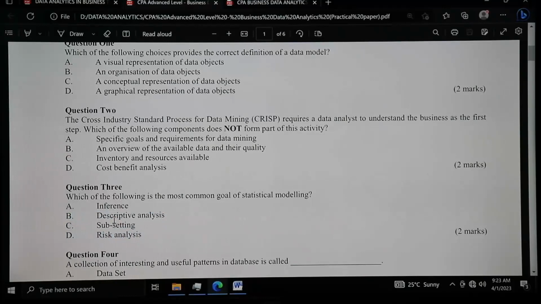That is to understand a business in a more detailed manner, and we say the business will gain this inference in running a statistical model. The biggest goal is to help get a clear perspective of the business, and this is achieved by inference, that is, by understanding the business in a deeper way. So here, the most common is the inference. That is the most common goal of data modeling.